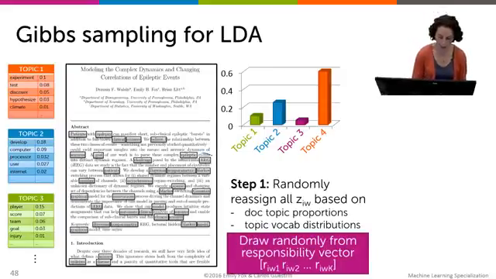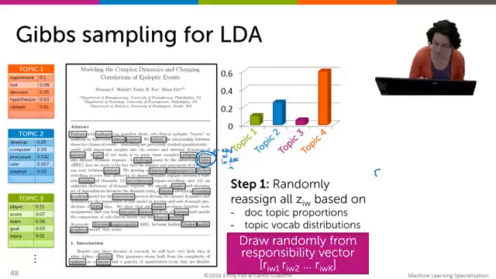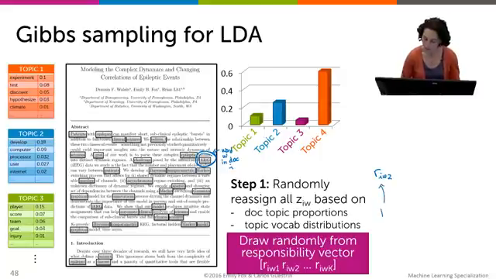Well, let's look at just one word, let's say EEG in this document, and let's assume that this is word w, the wth word in document i. Now let's look at r_iw2, which will be our notation, just like when we were talking about responsibilities in the EM algorithm.